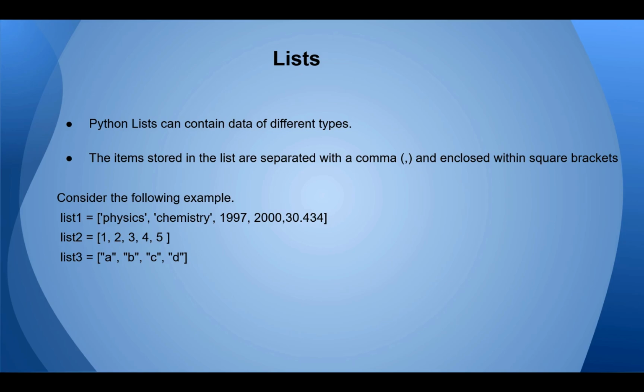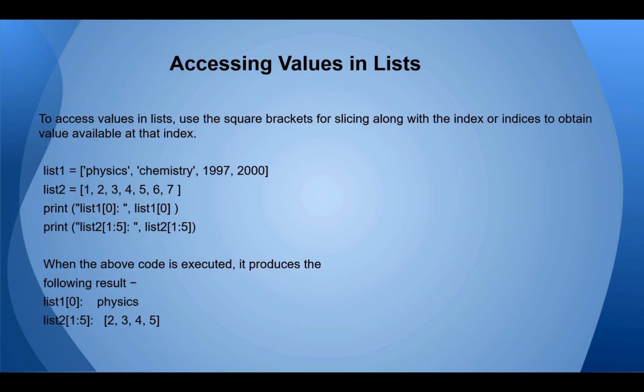It is always enclosed in square brackets and separated by comma. If it is a string, it should be enclosed in single or double quotes, and the floating and integer values don't need any quotes. It also works on an indexing system, the same as the string data type.